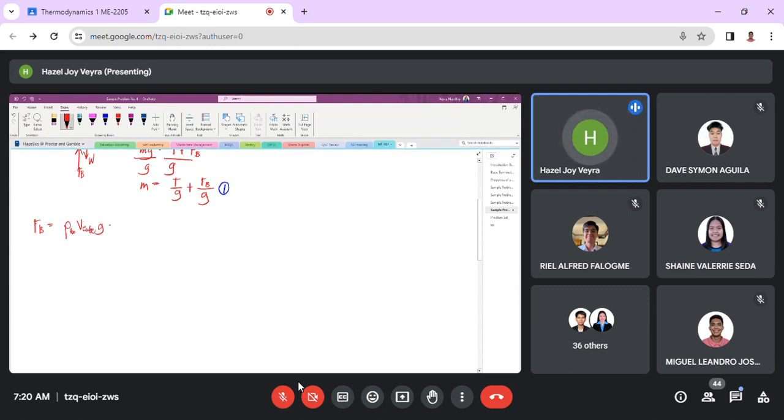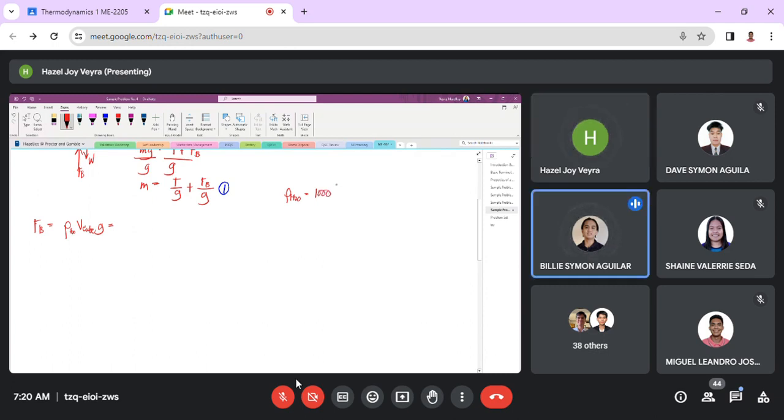So this is equivalent to, what's the density of water? Density of water, 1,000 po. 1,000 what? What's the unit? Kilogram per meter cubed po.